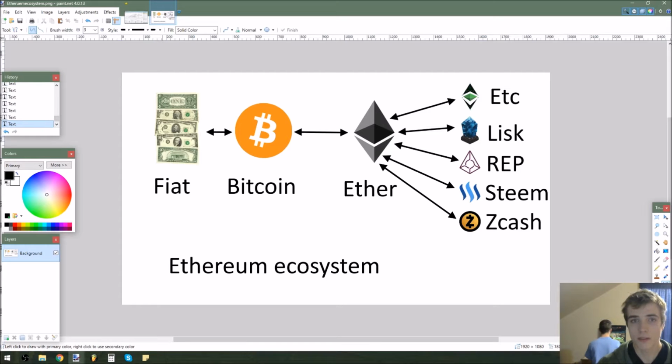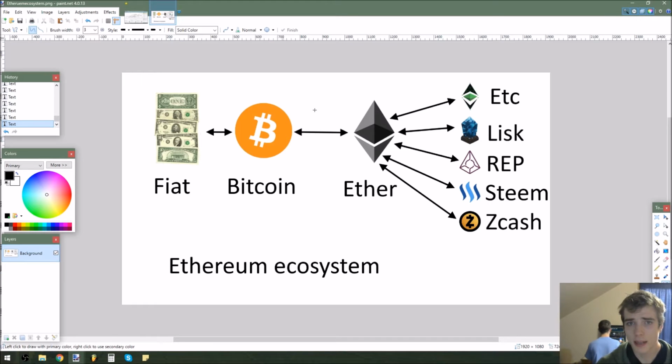I drew this flow chart where the money goes from fiat currency into Bitcoin, and from Bitcoin into Ethereum, and then from Ethereum can be exchanged interchangeably between ETC, Lisk, Rep, Steem, and Zcash. So the money is flowing in all directions right here, and I made this little chart so you guys could see that.